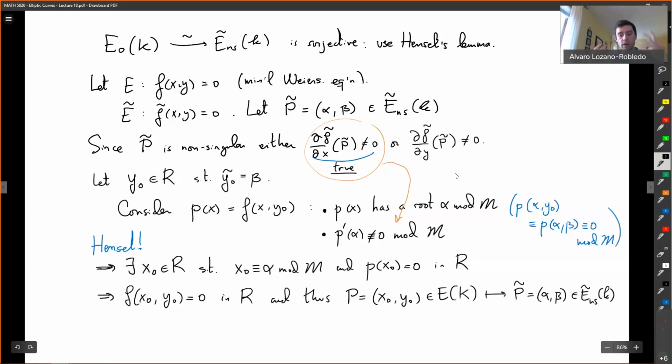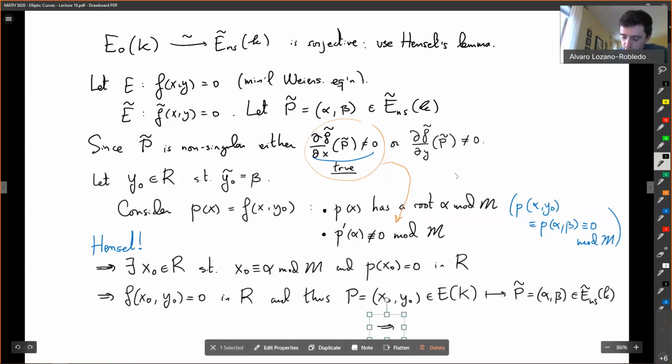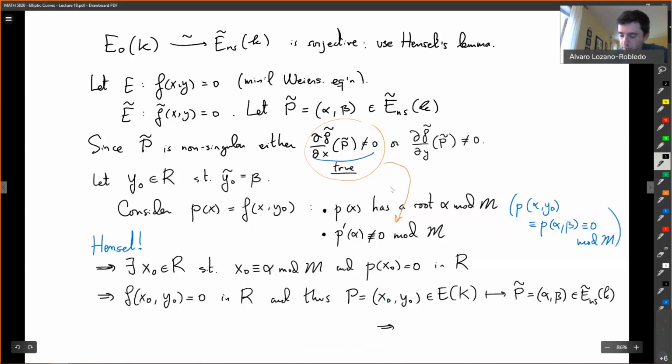I wanted a lift. I wanted to show you that if I have a point, then I have a preimage of that point. That says that the map twiddle is surjective, and we've concluded the proof of the exactness of that sequence.